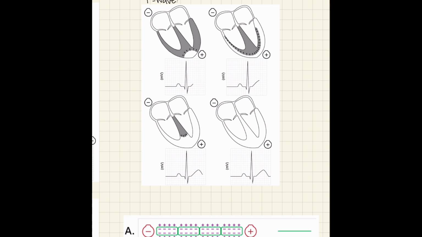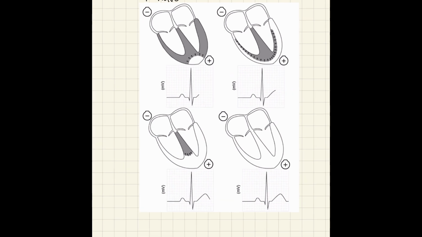This is because the endocardium has a larger plateau than the epicardium does, so they move slower through their depolarization and repolarization, because their plateau phase that we talked about in contractile cells is longer.